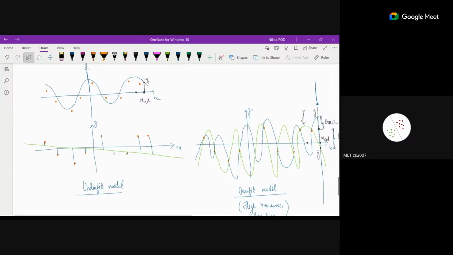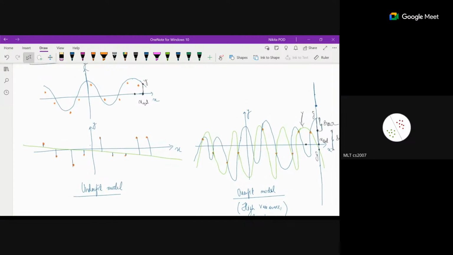While when you look at the underfit model, now if I take this X test, where my true Y should have been here, the Y hat that I'm getting is over here.